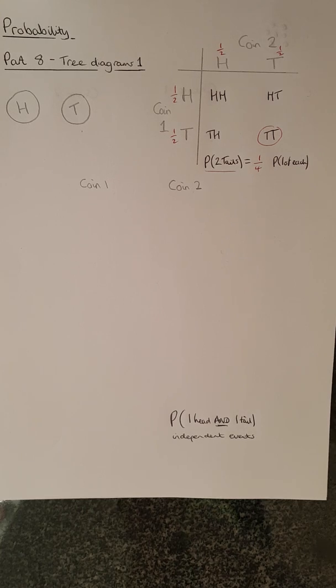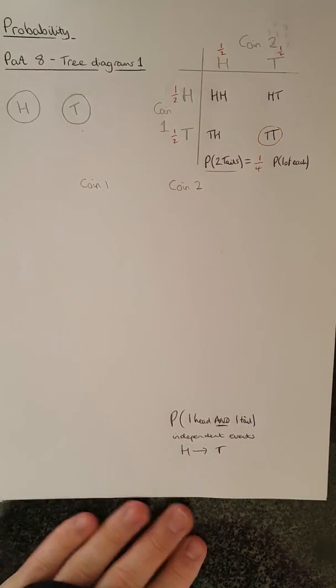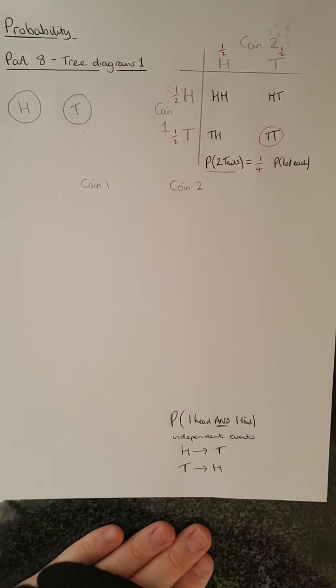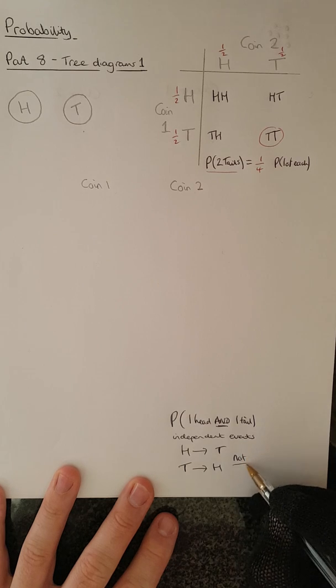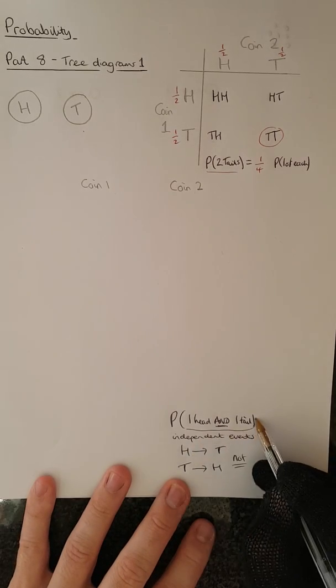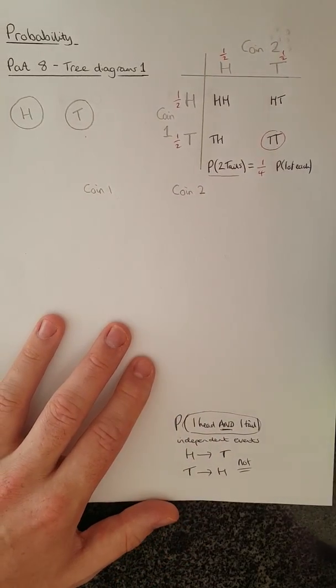Well, the first coin, if I get a heads, I want a tails on the second. If I get a tails, I want a heads on the second one. So they are not strictly independent. Not when I want this particular combination. So let's have a look.